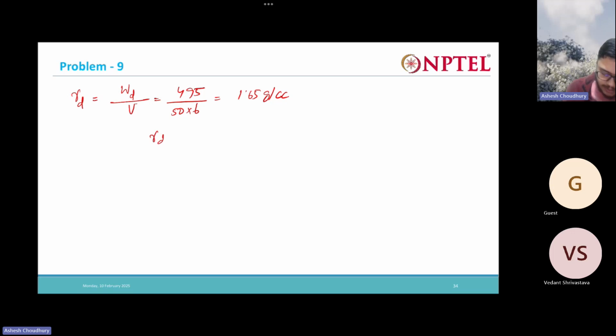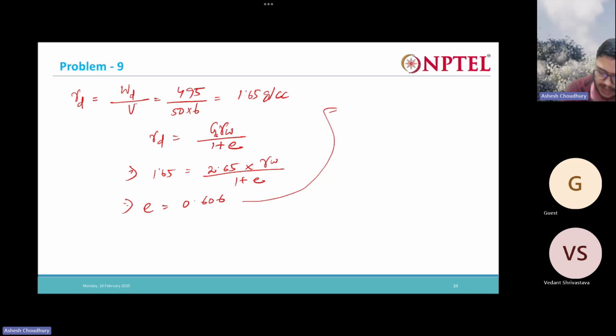Now again we use that relation, gamma d equals G gamma W by 1 plus E. So 1.65 is 2.65 times gamma W by 1 plus E. From here I can get my E as 0.606.